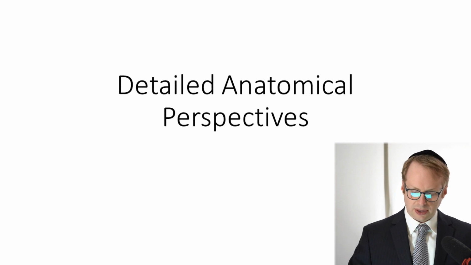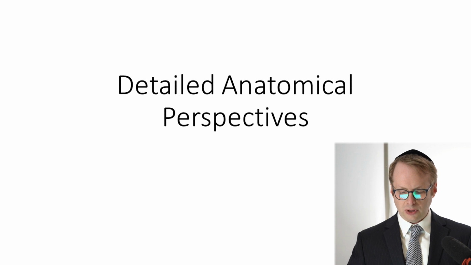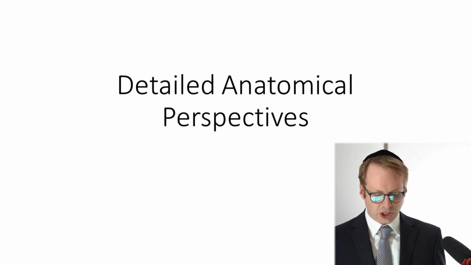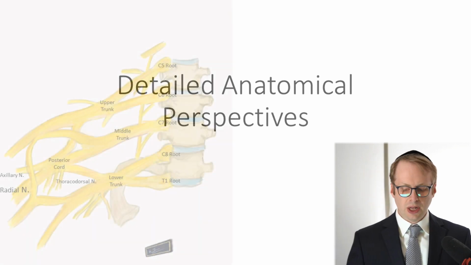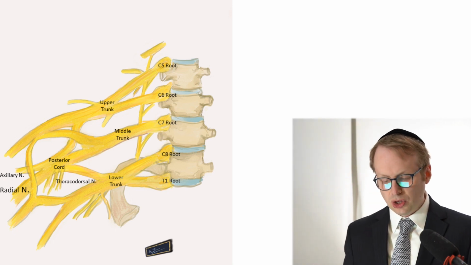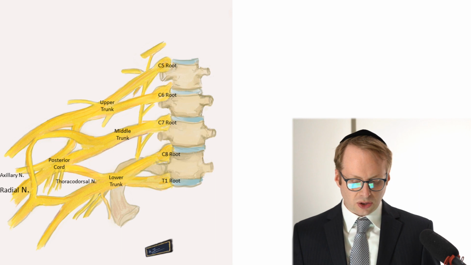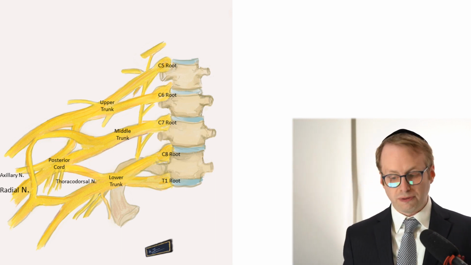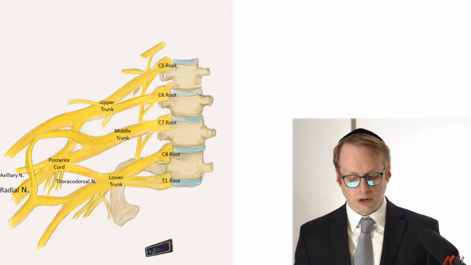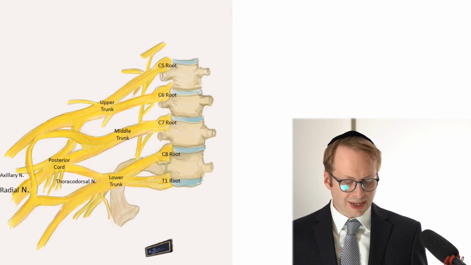Let's have a look at the actual anatomical aspect of this. Can we have a differentiation of exactly where a lesion might be occurring? So we start off with the brachial plexus, we start with the nerve roots, C5, C6, C7, C8 and T1, and the radial nerve is formed from fibers coming from the upper, middle and lower trunks, primarily from the C6, C7, C8 fibers as they make their way down.